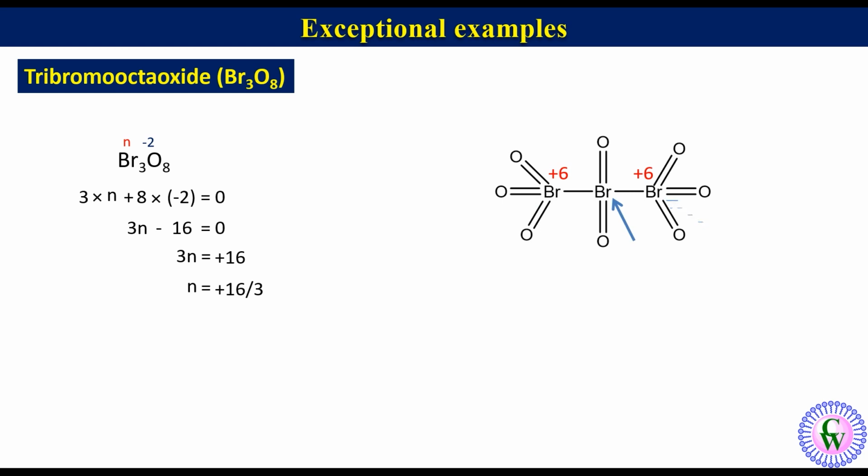This bromine, which is attached to 2 oxygen atoms with 4 covalent bonds, will have the oxidation number of +4. Thus, in Br3O8, 2 bromine atoms have +6 oxidation states and one has +4 oxidation state.